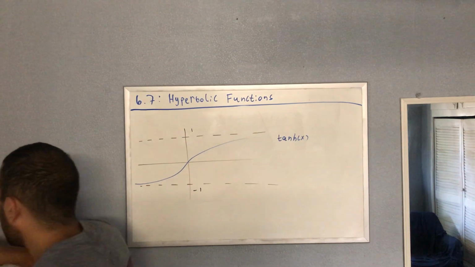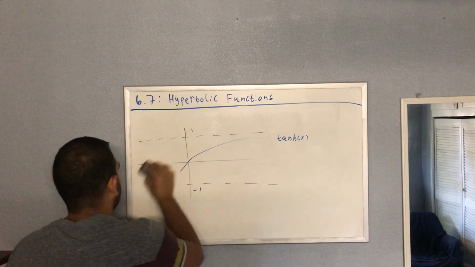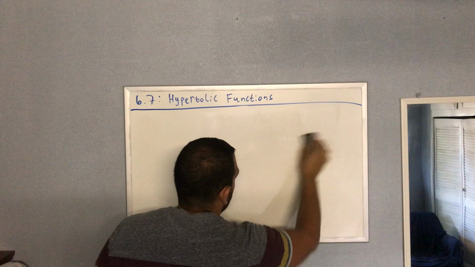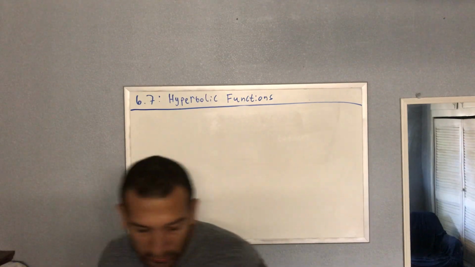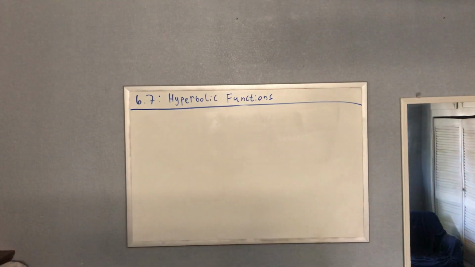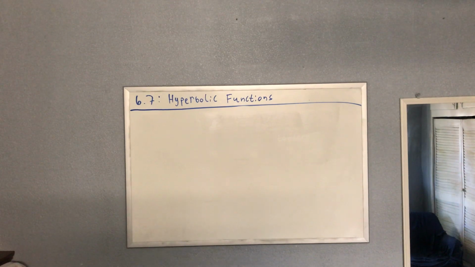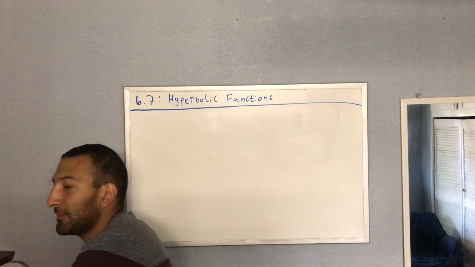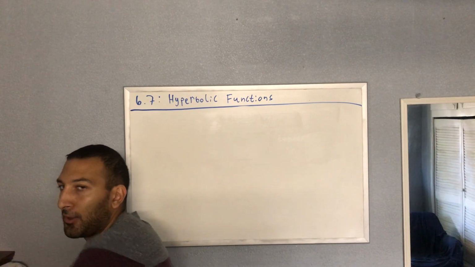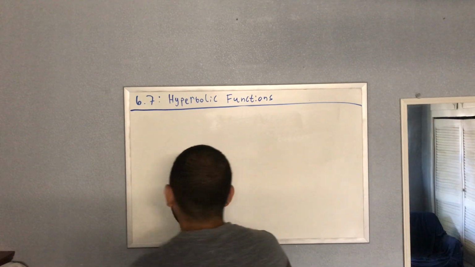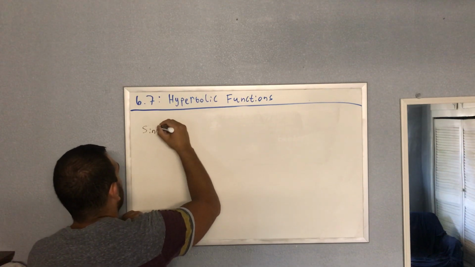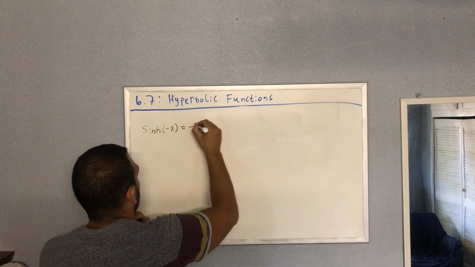And now there's some cool things, again, more parallels between hyperbolic functions and trig functions, namely that the hyperbolic functions you expect to be odd or even are odd or even. What I mean by that is, remember, sine is an odd function, and actually hyperbolic sine is also odd.